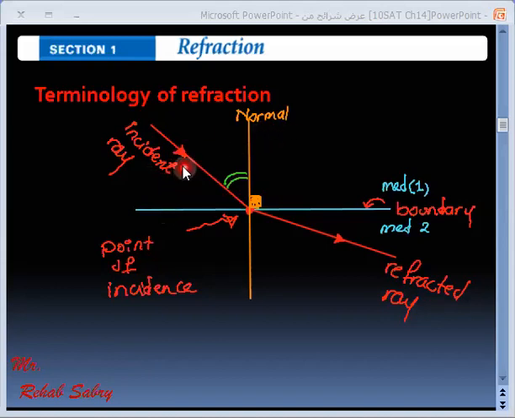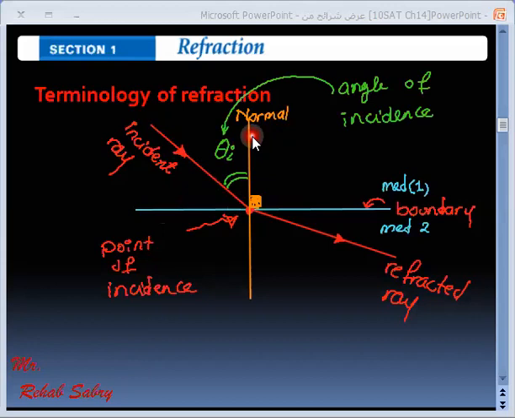I'm not interested in angles with the boundary. Here, it's between the incident ray and the normal, okay? So, because it's the angle of incidence, we'll give it the symbol theta I. So, theta I means angle of incidence. What about the angle of refraction?